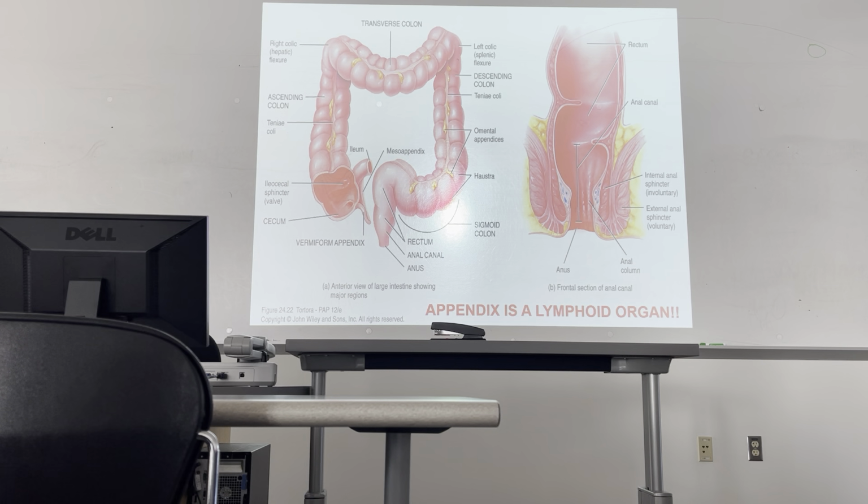Very fancy term for fatty appendages. There are lots of fatty appendages there, so you know you're looking at the colon. So identify the cecum, ascending, transverse, and descending colon. There's the sigmoid, and then there's the rectum, and then there's your anus. Right here in this image. That's the last sphincter that I want you to note.